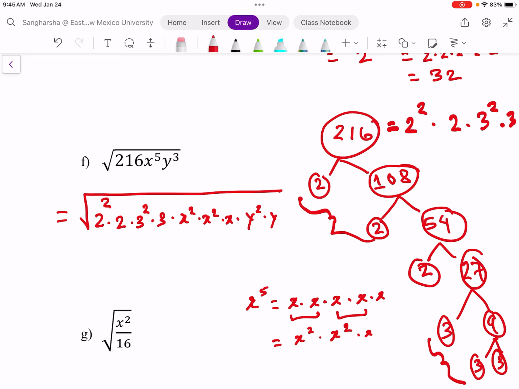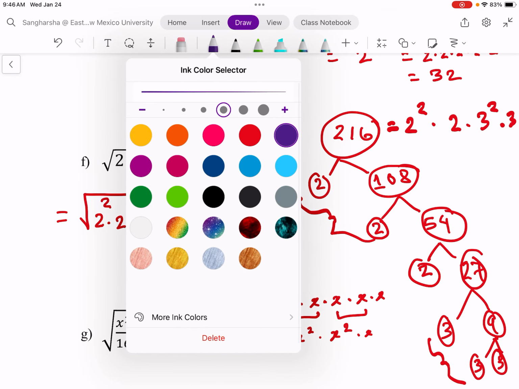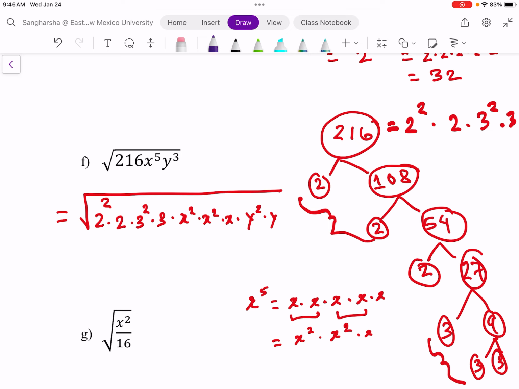Or now what we look for is the radicand having an exponent the same as the index. Here this radicand has an exponent which is the same as the index 2, right? This has an exponent same as the index, this has an exponent same as the index, and this has an exponent same as the index.